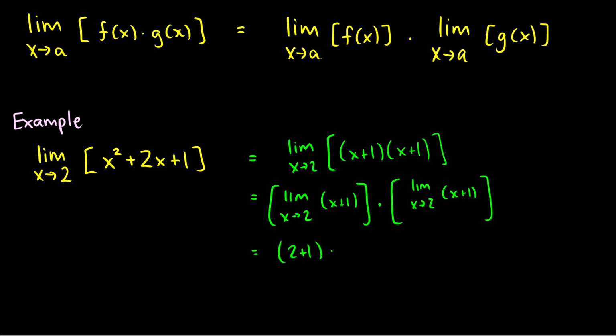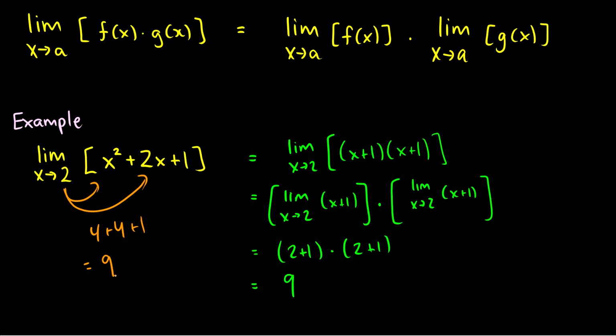We'll multiply that by the limit as x goes to 2 of x plus 1, which is also just 2 plus 1. So this will end up being 3 times 3, which is 9. And if we just plug 2 into all of our x values here, which we've already done before, this will be 4 plus 4 plus 1, which is just equal to 9.